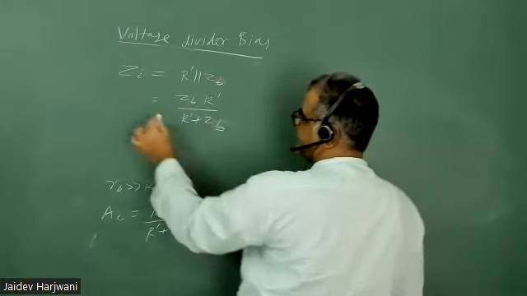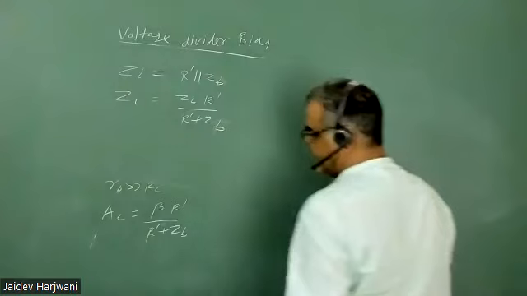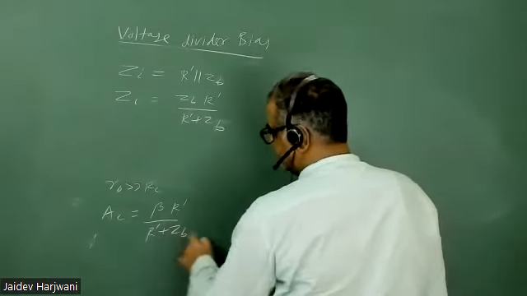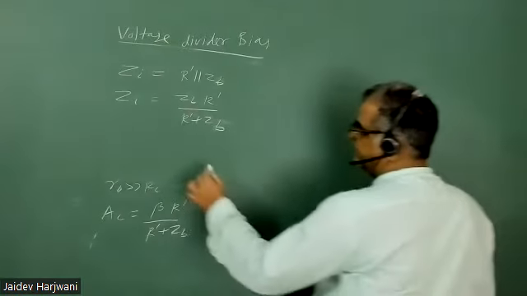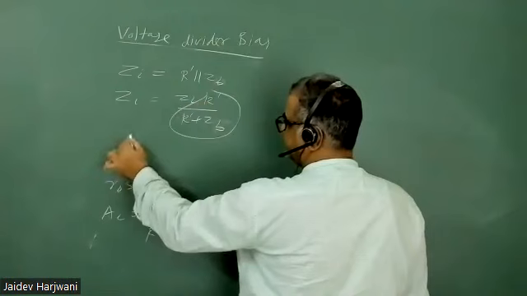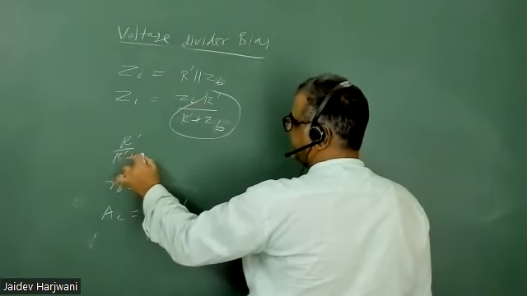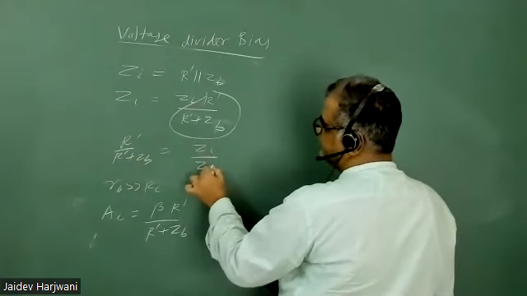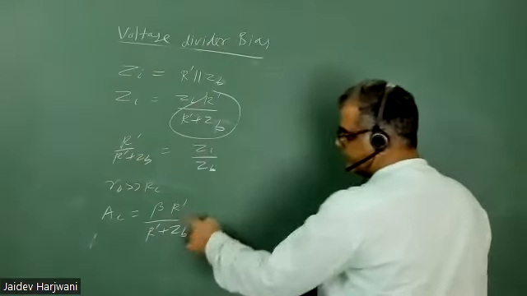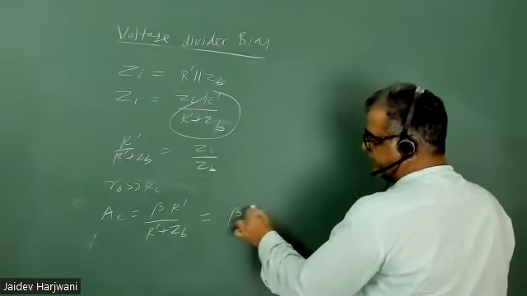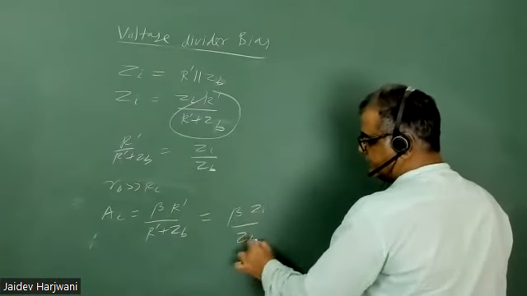So this is ZI. And here we have R dash upon R dash plus ZB. Let us modify this. From here, I can find the value of R dash upon R dash plus ZB: it is ZI upon ZB. Put this value here, so this will become beta ZI upon ZB.